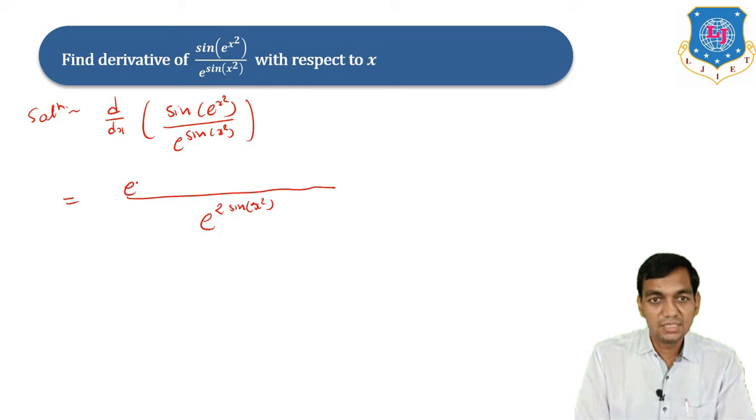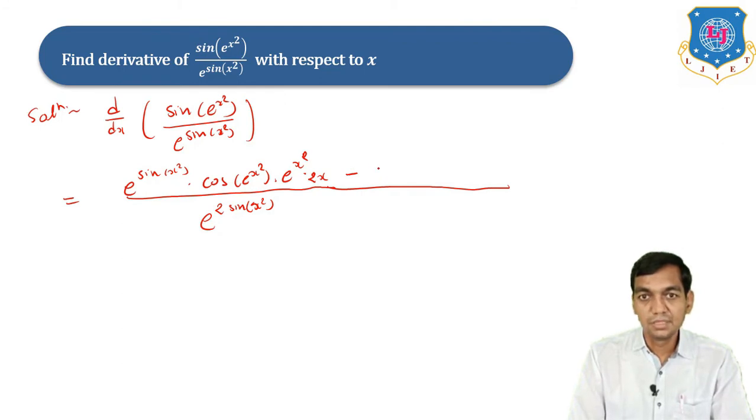Then denominator as it is, that means e raised to sine of x square as it is, derivative of sine e raised to x square. Now see, sine has a derivative cos e raised to x square into e raised to x square has a derivative e raised to x square into the derivative of this power x square, which is 2x, minus.